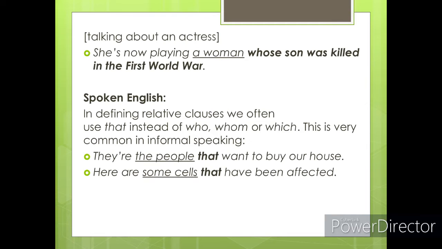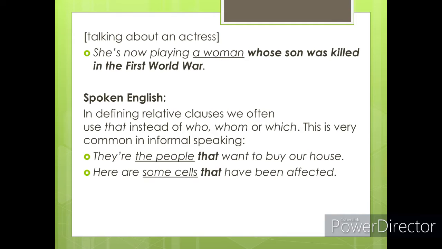Spoken English. In defining relative clauses, we often use that instead of who, whom, or which. This is very common in informal speaking. For example, there are people that want to buy our house.